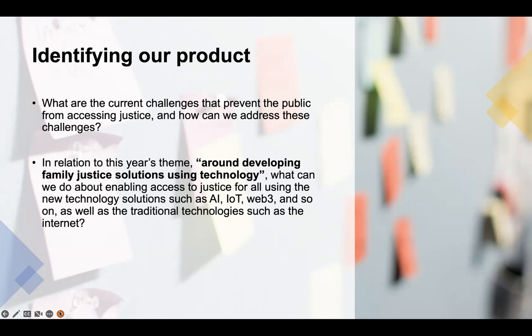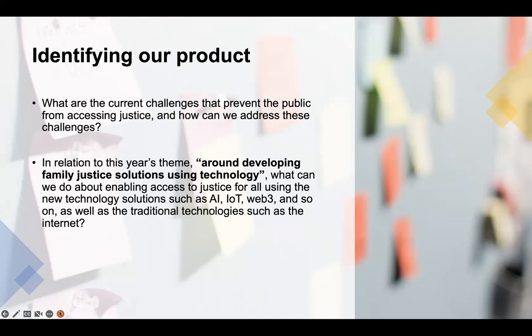Thank you. In relation to this year's theme around developing family justice solutions using technology, what can we do about enabling access to justice for all people, regardless of their location or gender, or let's say their status, whether they are from low income or high income?